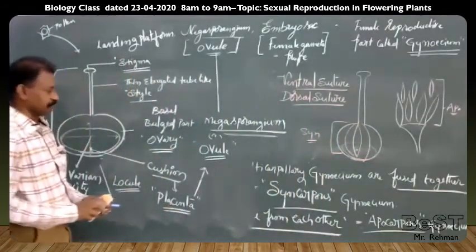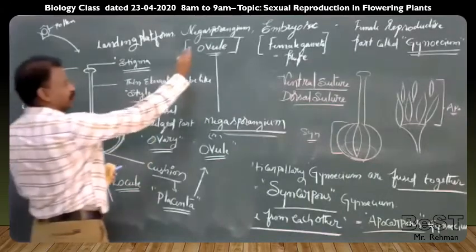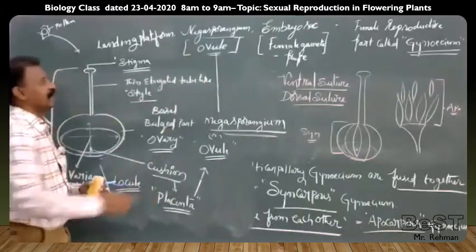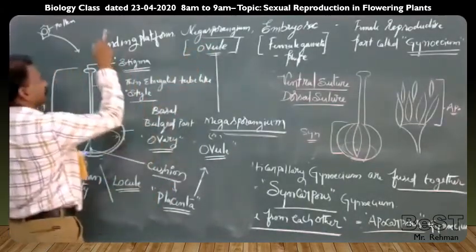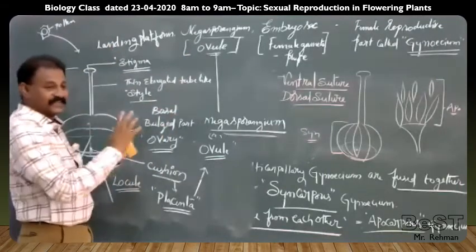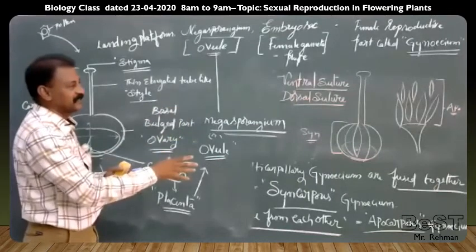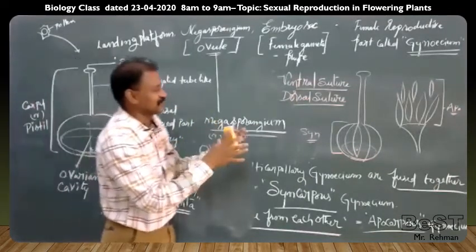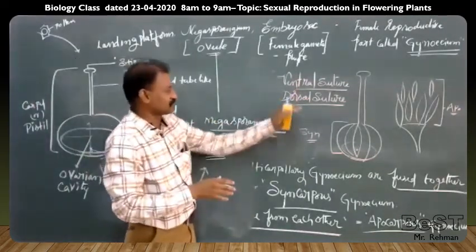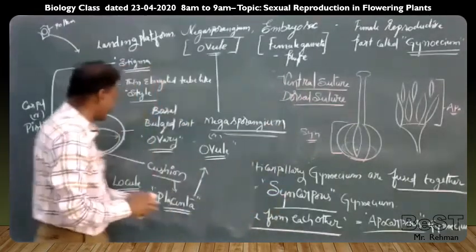Let us see what is megasporangium or ovule. So, we have studied what is pistil or carpel and the various terms associated with it: ventral suture, dorsal suture, syncarpous, apocarpous.